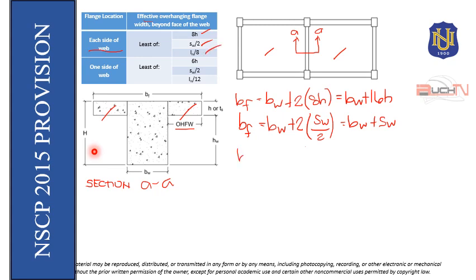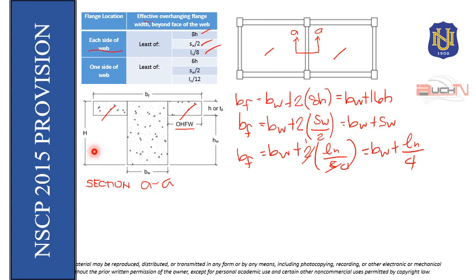That is B sub F is equal to B sub W plus 2 times ln over 8. Ito magiging 1, then this will be 4. That means this will be B sub W plus ln over 4. Yan ngayon yung requirements ng code for a T-beam or a flange location of each side of the web.